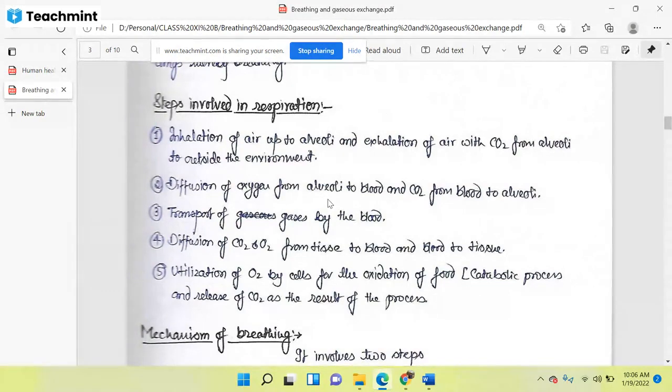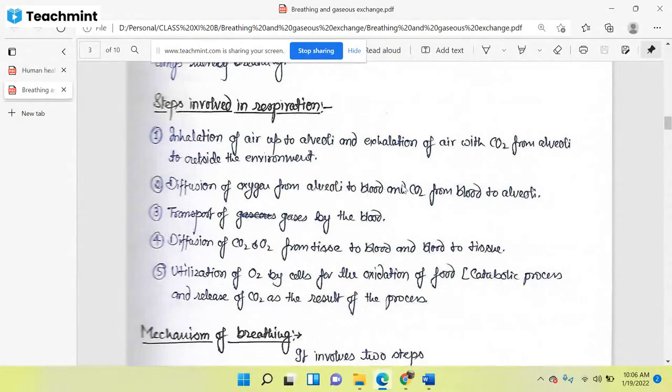Here it has been written: diffusion of oxygen from the alveoli. I told you the alveoli is a bag-like structure. In this bag-like structure, whatever air is there along with the oxygen will be filled. And within the alveoli, blood vessels are there. So oxygen will diffuse from the bag-like structure, or the space in the alveoli, to the tissue, and from the tissue it will reach the blood vessel, and the blood vessel will trap the oxygen.